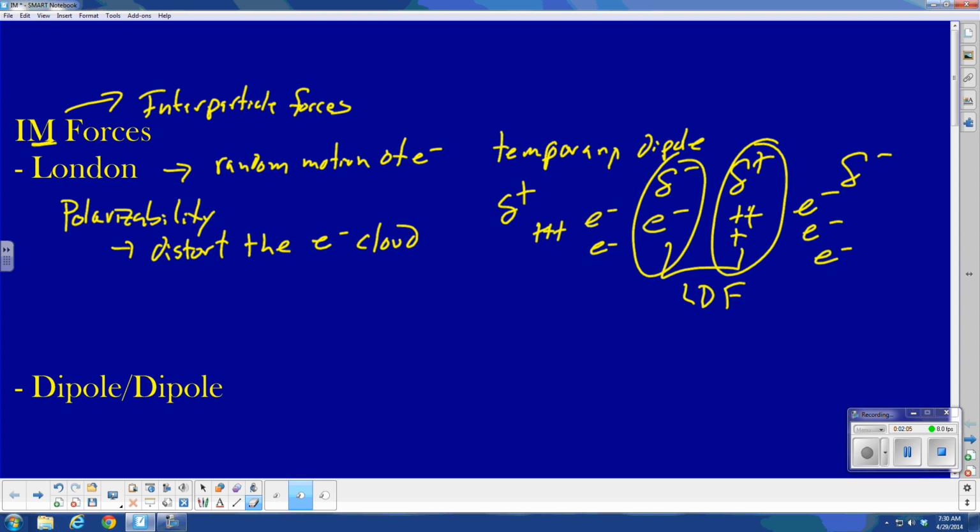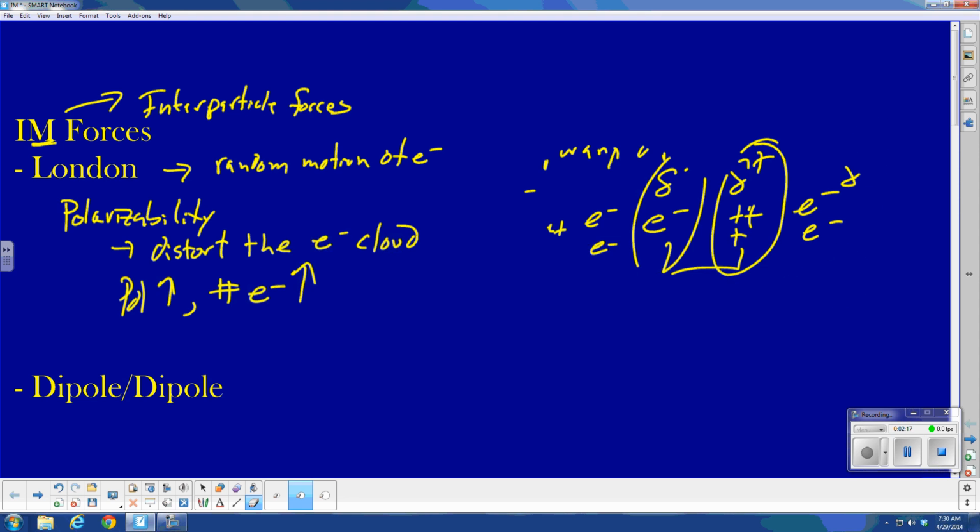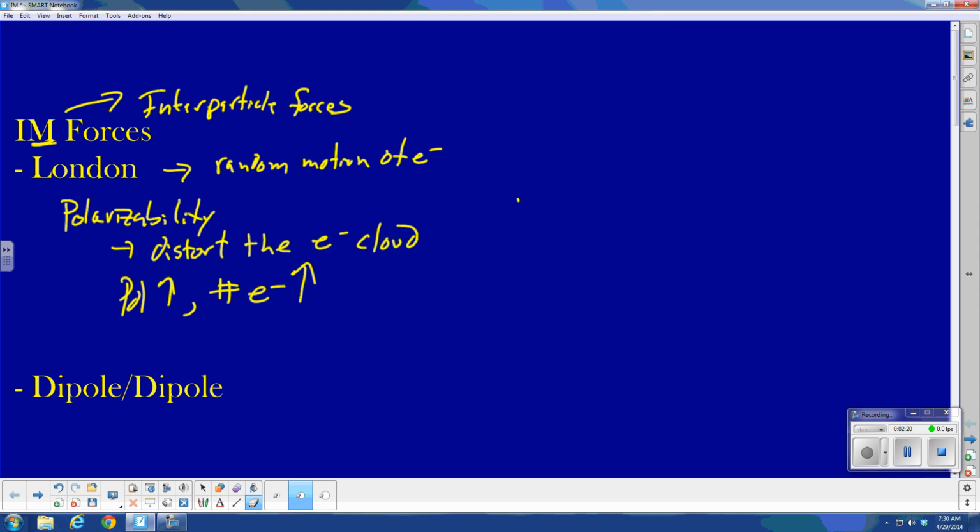Good. And polarizability increases as the number of electrons increases. So my London dispersion strength increases as the number of electrons increases.